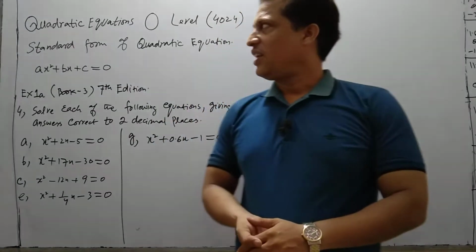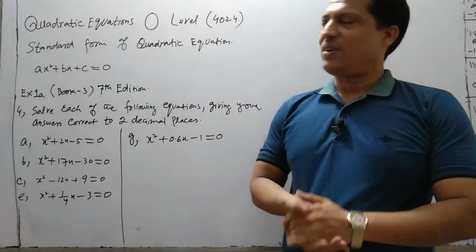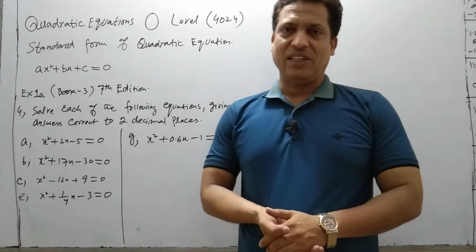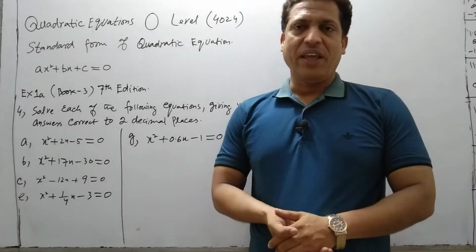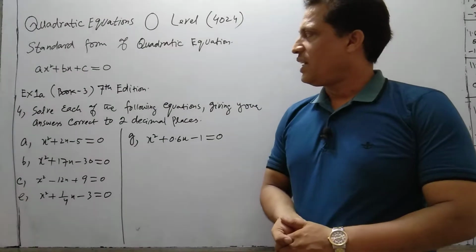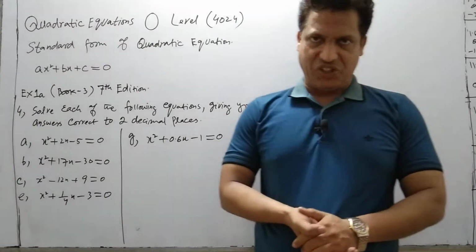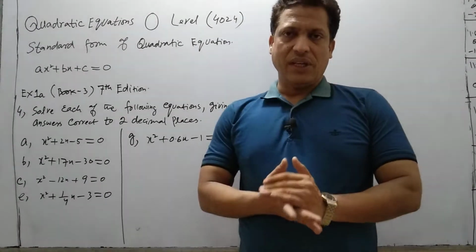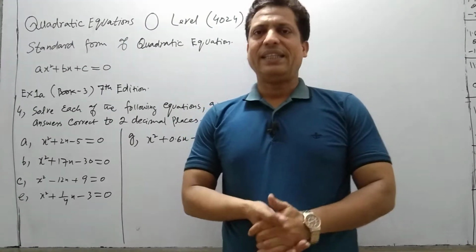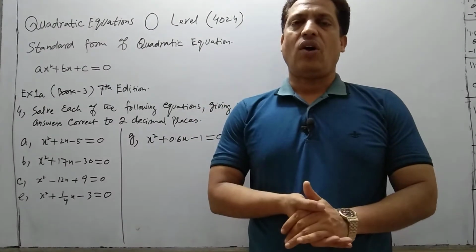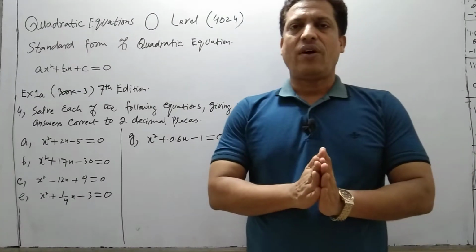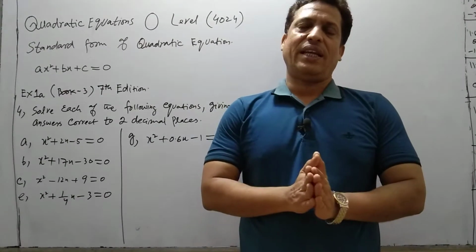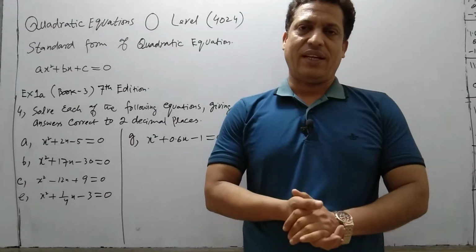In the last lecture, we did some problems regarding quadratic equations, and we did question number 3 of Exercise 1A in the 7th edition book. In question number 3, we did the conversion of a given expression in terms of completing the square, in terms of a perfect square.